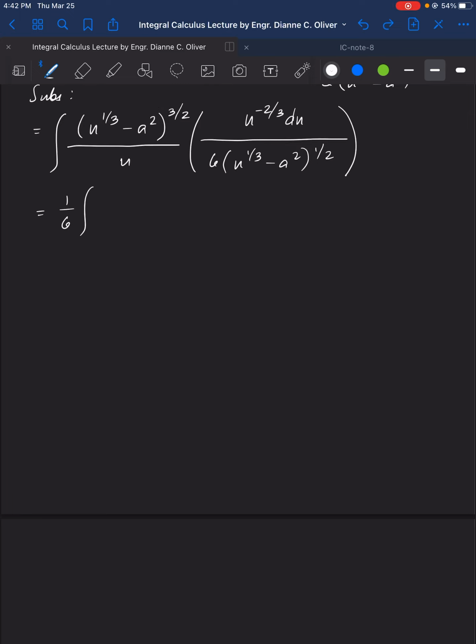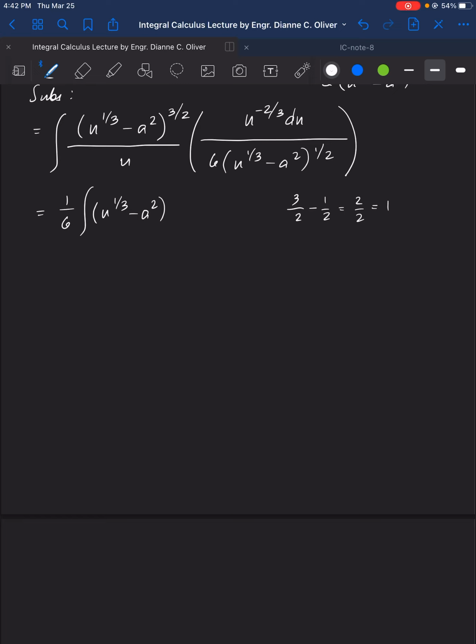What will happen? If we put it in the numerator, it becomes negative 1/2. So we have here 3/2 minus 1/2. It's 2 over 2, which is equal to 1. Therefore, what we will put here is u raised to 1/3 minus a squared raised to 1.